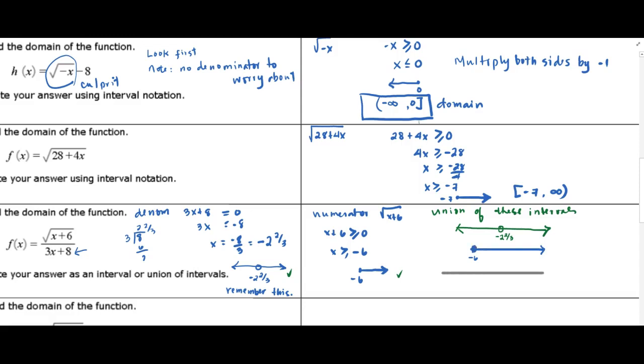So we draw a third number line and mark the points -6 and -2 2/3. Now we shade the right side of -2 2/3 on the third number line, and then -6 to -2 2/3, and then the rest.